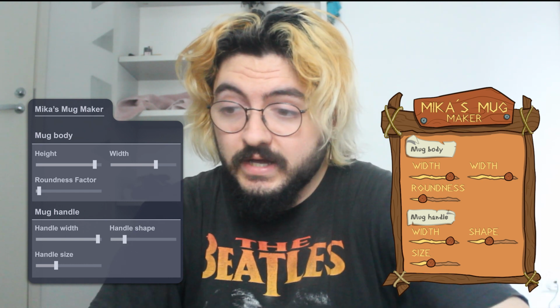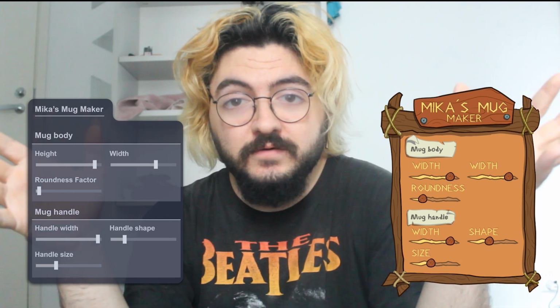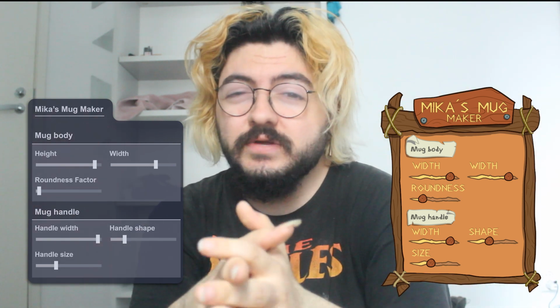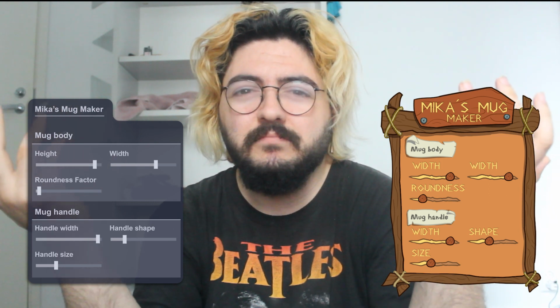So yeah, the thing is, I'm not sure which path I should follow, so I'm asking you, which one of these two interfaces do you think is better? Not better, because they're not the same thing. Although they're both interfaces, they serve totally different purposes.